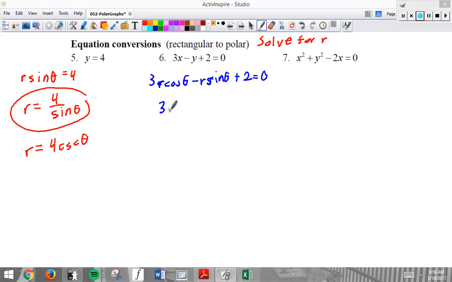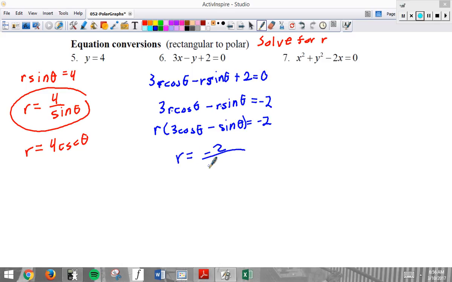So 3r cosine theta minus r sine theta equals negative 2. R times 3 cosine theta minus sine theta equals negative 2. So r equals negative 2 over 3 cosine theta minus sine theta.